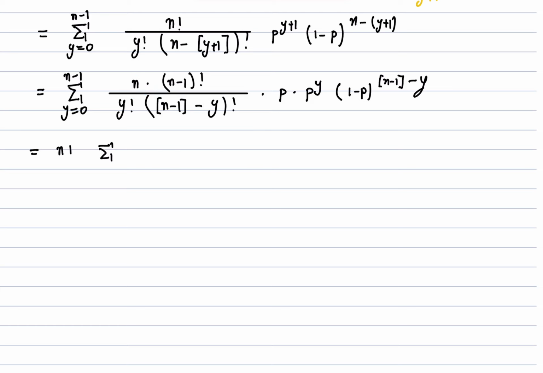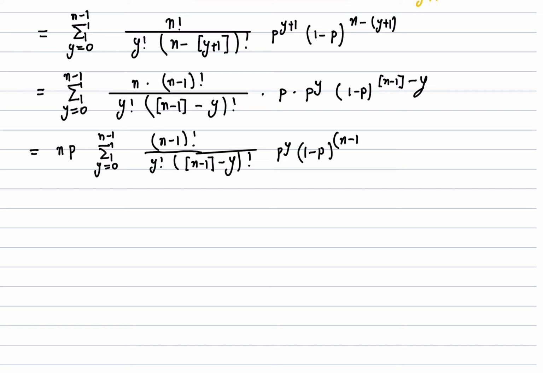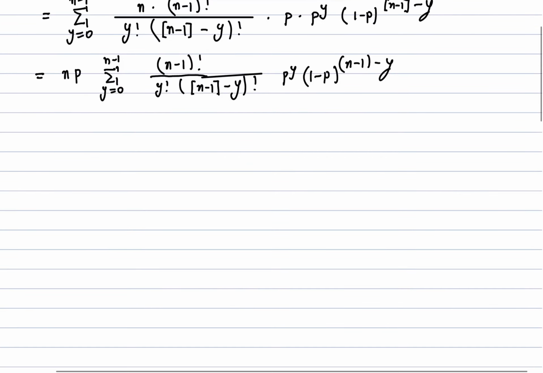So we've got np, sum y equals 0 to n minus 1 of n minus 1 factorial over y factorial, again, n minus 1 minus y factorial, all good, p to the y, 1 minus p to the n minus 1 minus y. Bit challenging, but I promise you we're only a few steps away.